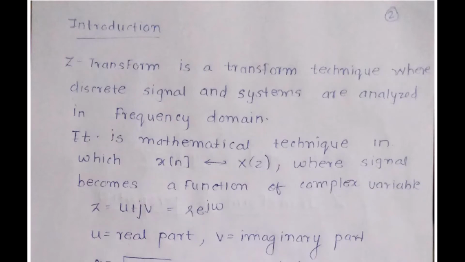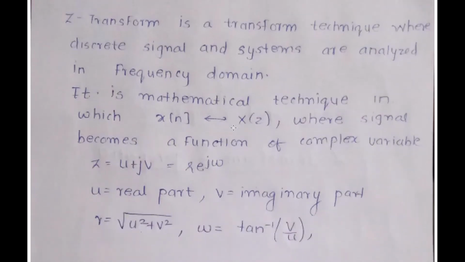Like all other transforms, like the Laplace transform, the CTFT, DTFT, we have the Z transform as well. The Z transform is a transform technique where discrete signals and systems are analyzed in the frequency domain. That is, the Z transform is basically applicable for a discrete signal x of n.